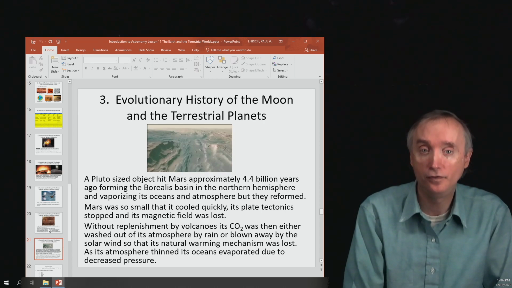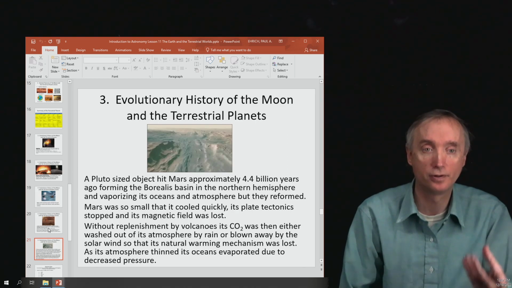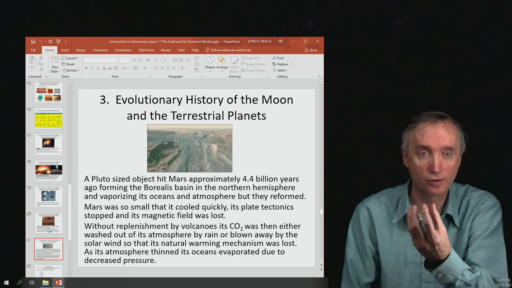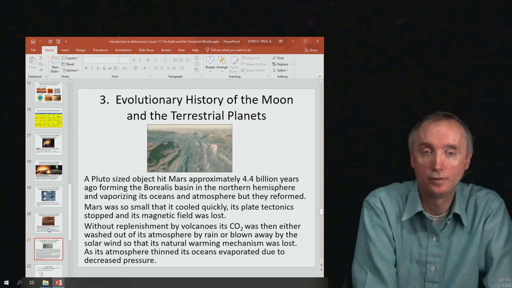Also, its magnetic field went away because as it got colder and colder, there was less metallic material going around in circles inside the core, and so its magnetic field went away.